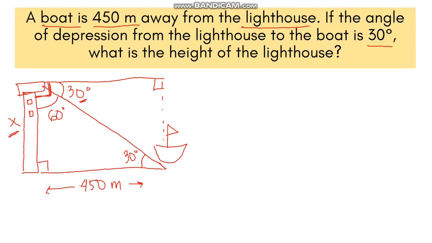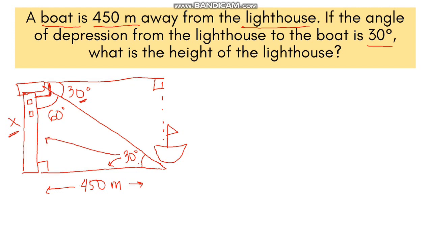If you want to use the 30 degrees, then you have to find the relationship of the given sides to 30 degrees. Same as if you will use the 60 degrees here. So let's use the 30 degrees. The given 450 meters is the adjacent side, and the missing side, which is x, is the opposite side.